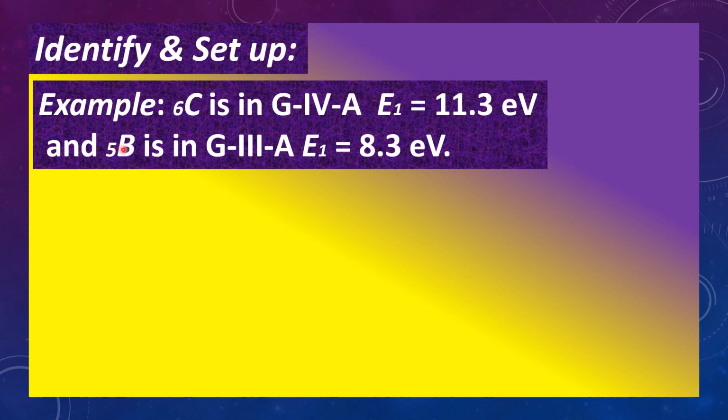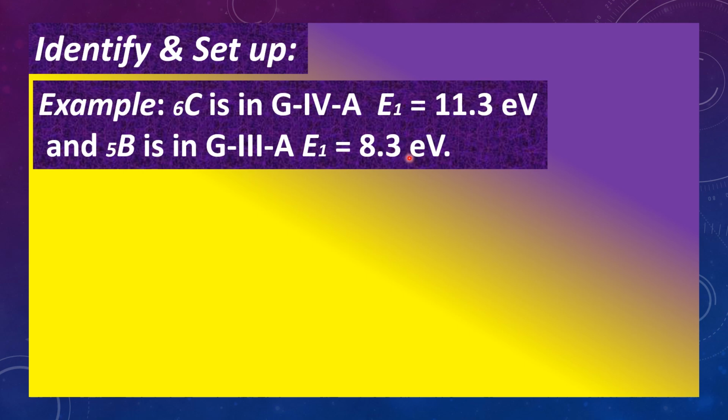And then, adjacent to carbon, of course, boron, atomic number 5, belonging to group 3A. Its first ionization energy is 8.3.